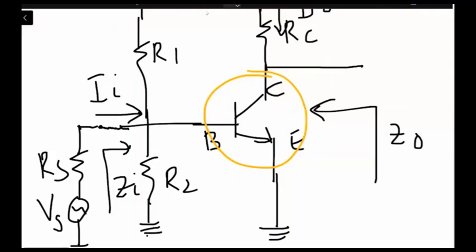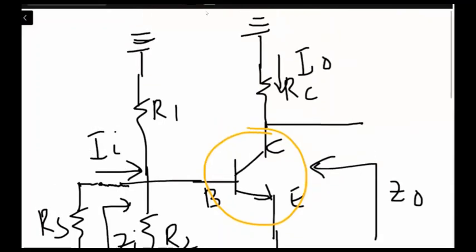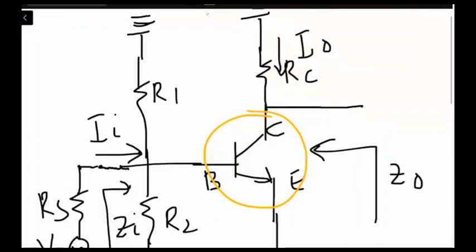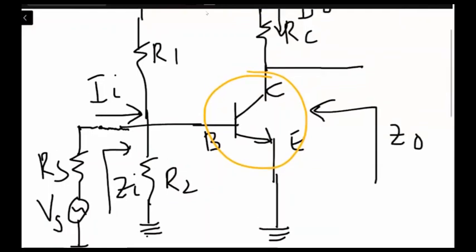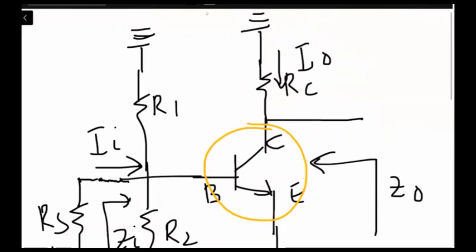Let me make it much simpler. This is the circuit which we have. R1 and R2 are both connected to the base of the transistor, right? Similarly RC is connected to the collector of the transistor.